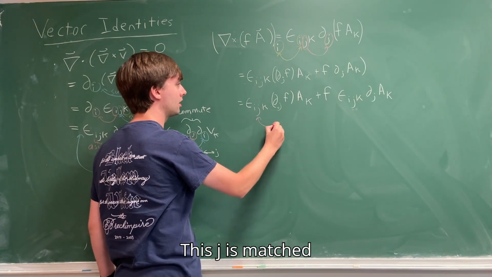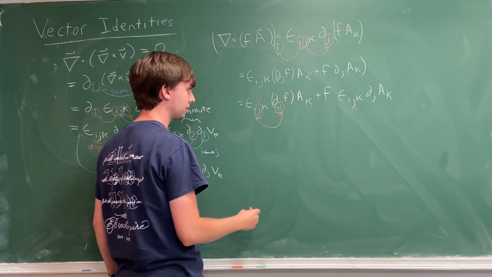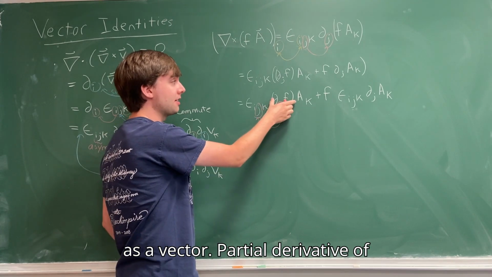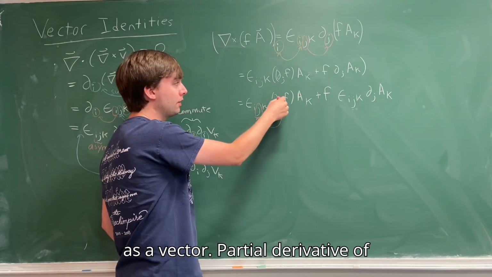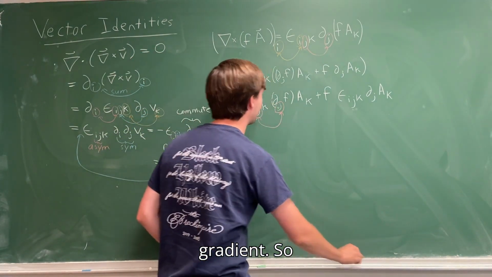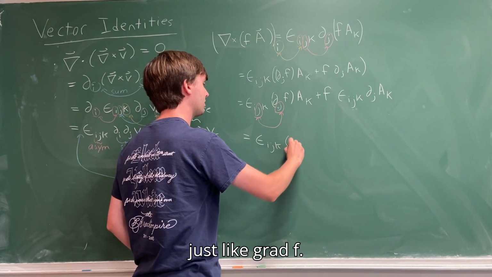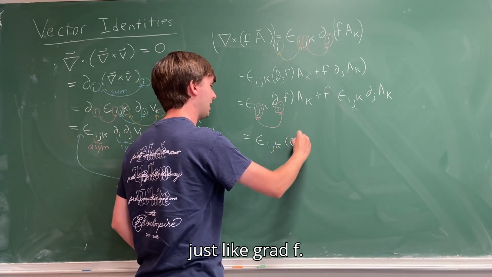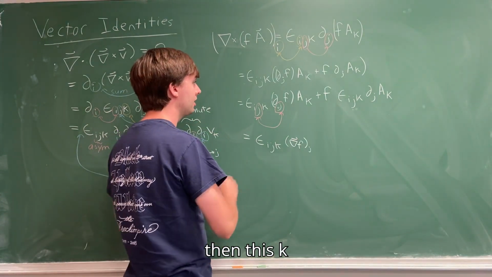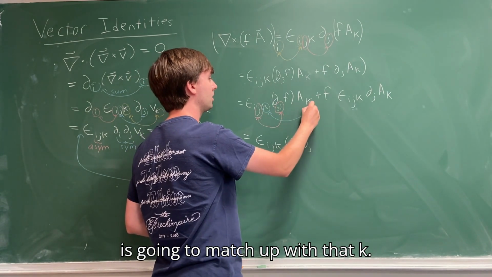This j is matched with that j. So we now need to treat this as a vector. Partial derivative of f, but as a vector, is the gradient. So this is going to be just like grad f. So we take the j component of that.